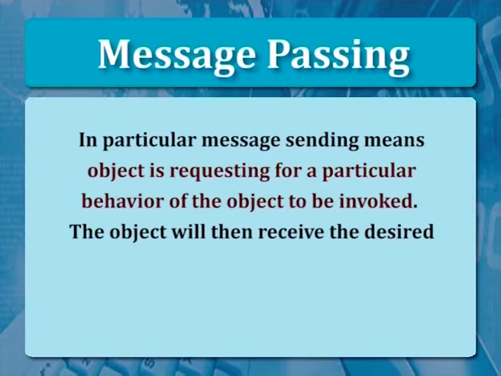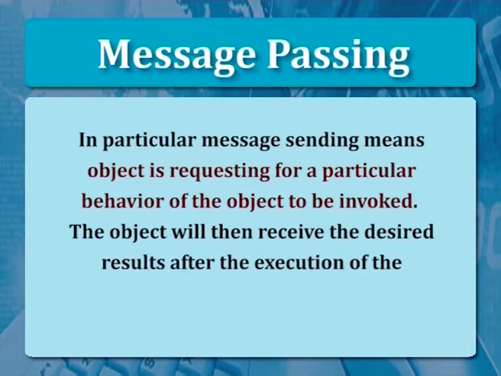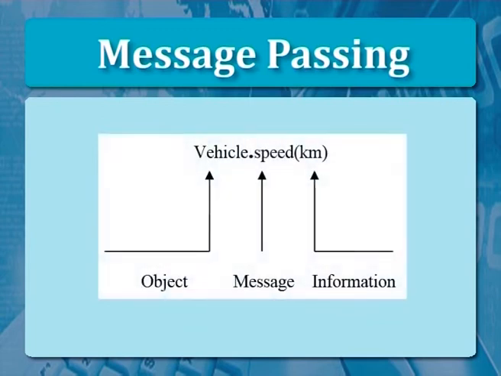The object will then receive the desired results after the execution of the function. For example, object vehicle has requested the behavior speed in kilometers. Thus, the message passing concept is equivalent to communication between different persons, thereby simulating real-world situations.